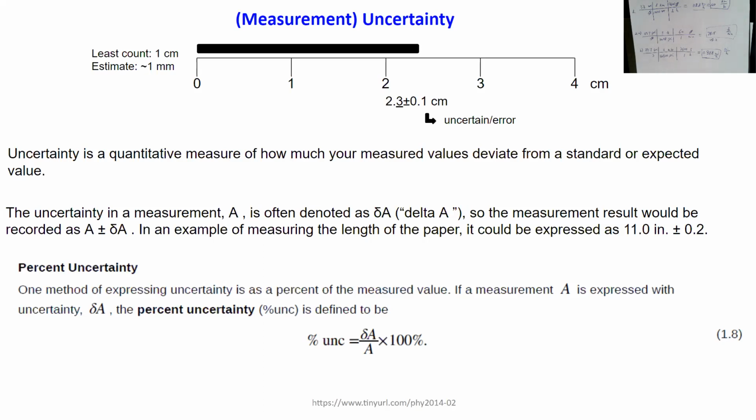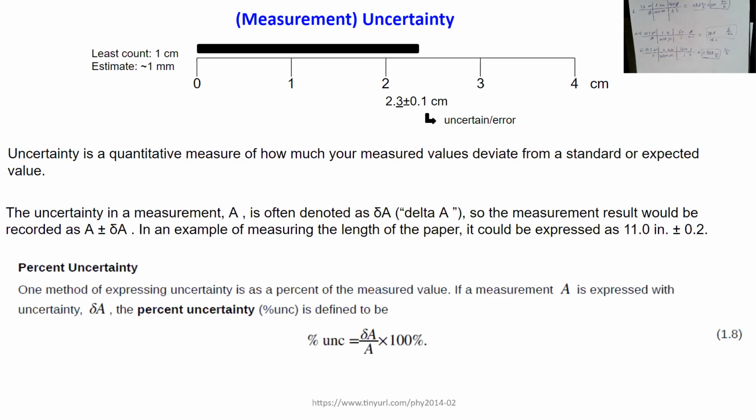You are not sure if it would be 2.3 or 2.4. Some people would say this is 2.3-ish, but some other people would say this is 2.4. So depending on who is taking the measurement, there's always this uncertainty on the last digit here.